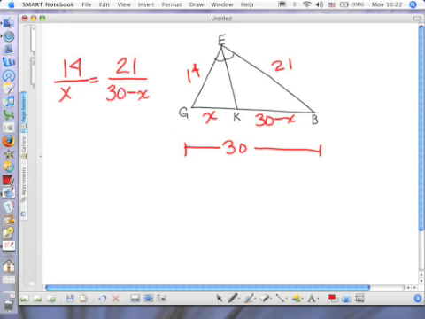All right, now this one's not as simple as all the others we've been doing. When we multiply here, we have 21X. When I multiply here, I must remember to distribute. 420 minus 14X. Add 14X to both sides.